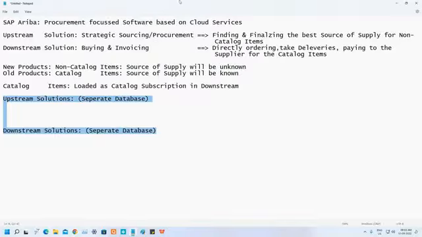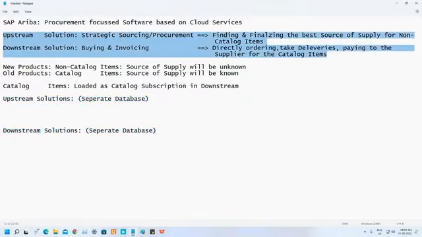What's the first issue? When I say that in upstream we are working with non-catalog items and in downstream we are working with catalog items, please remember that you are loading catalog items in downstream. That means they are available in the downstream database. Please don't expect catalog items to be available within the upstream database. So, Manoj, it means that in the upstream solution, we will never have catalog items.